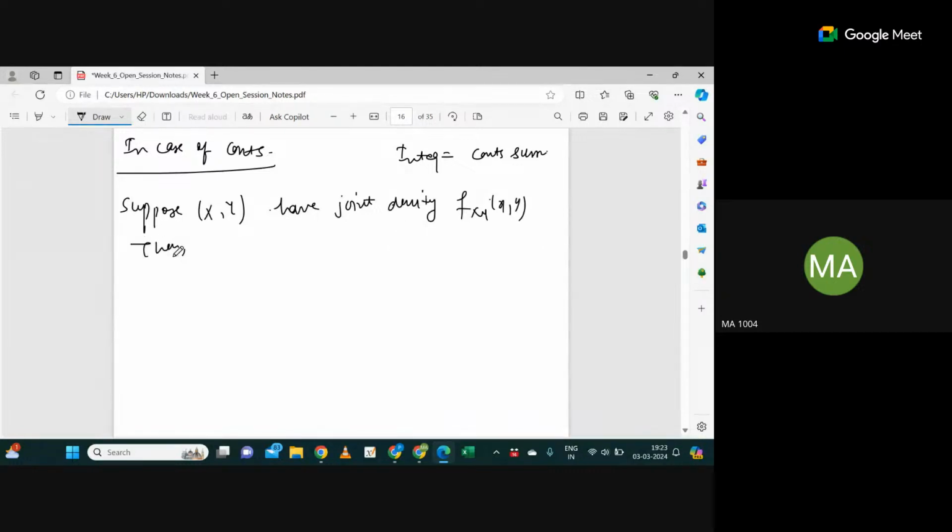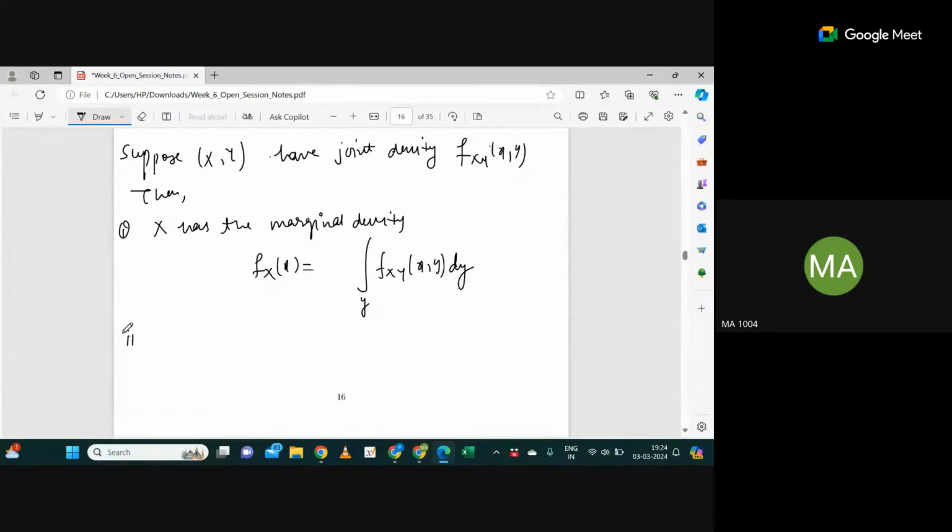Then the very first thing: x has the marginal density. To calculate the marginal density of x, I will integrate the joint density with respect to y over the limit of y. If I want the marginal of y, then y has the marginal density.